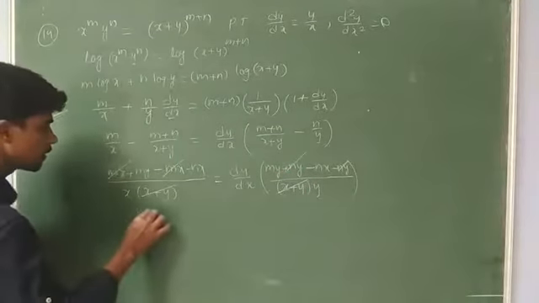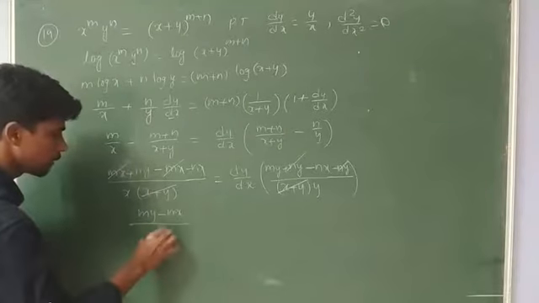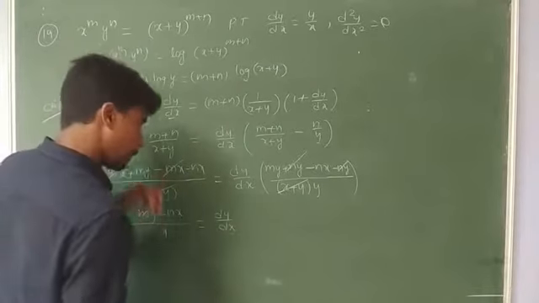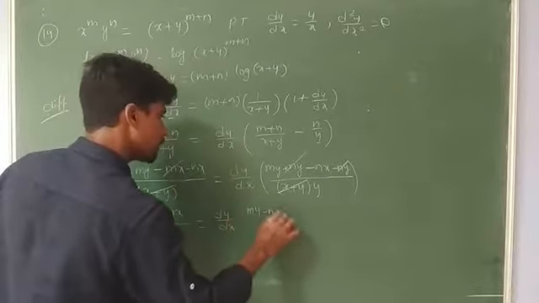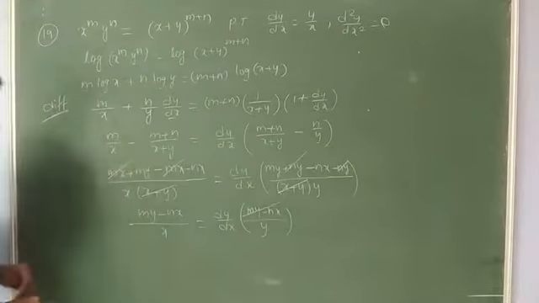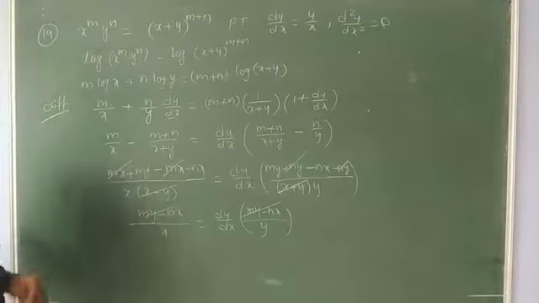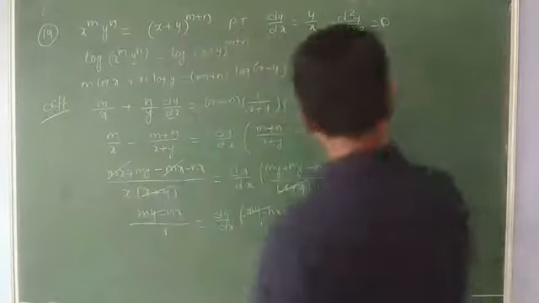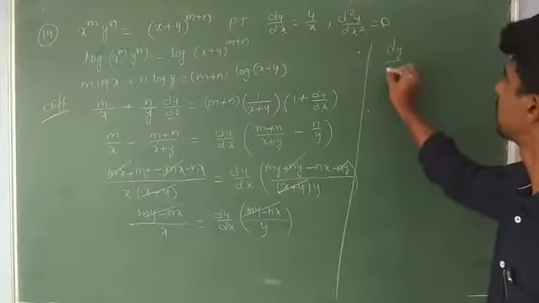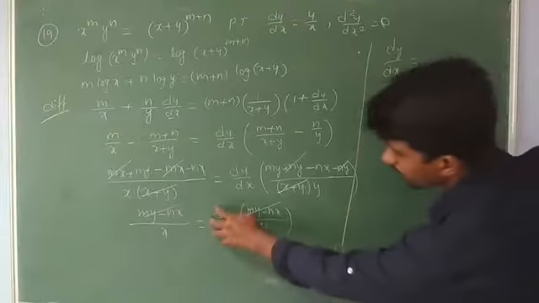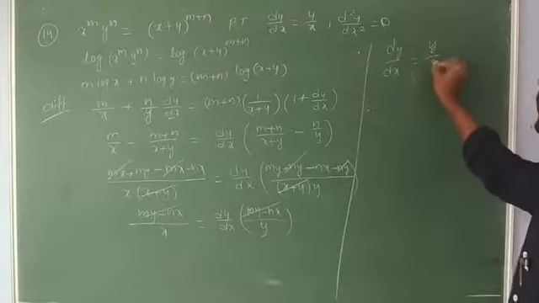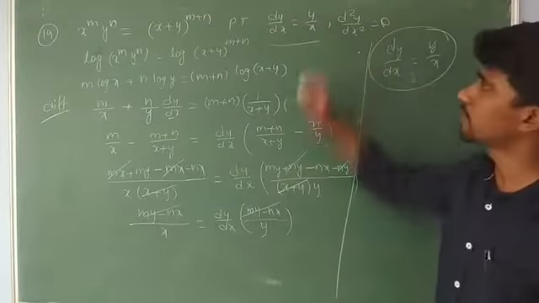We get my minus nx by x is equal to dy by dx into my minus nx by y. You see again, my minus nx gets cancelled. So now we get dy by dx, which is equal to, so I kept this one as it is. So where I have to transfer to the left side, then we get y by x, which is the first.